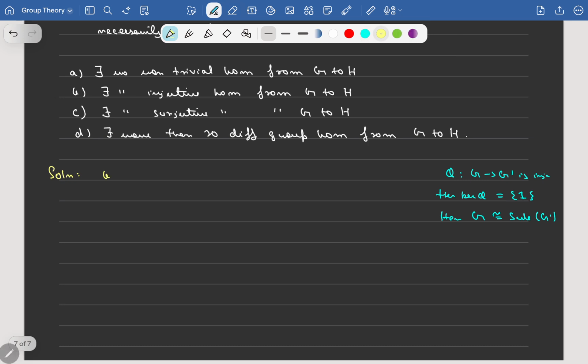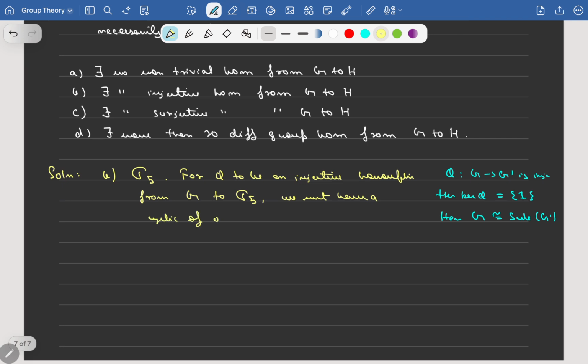The first thing which you can observe is the following. We are working in S5. So for phi to be an injective homomorphism from G to S5, obviously we must have a cyclic group of order 8 in S5.